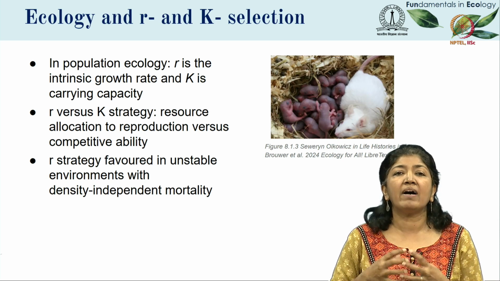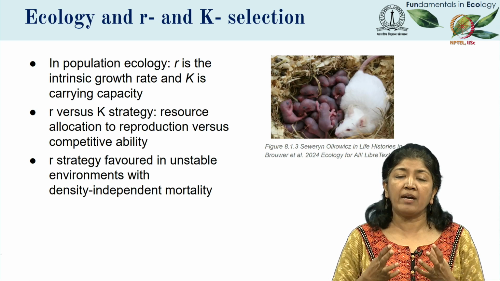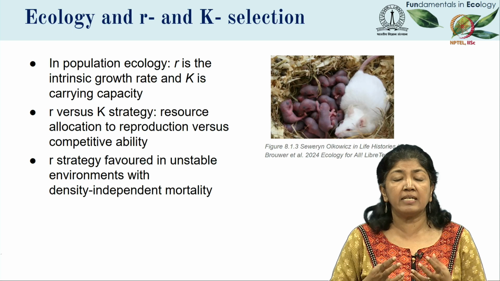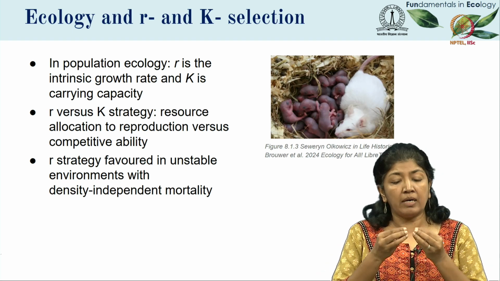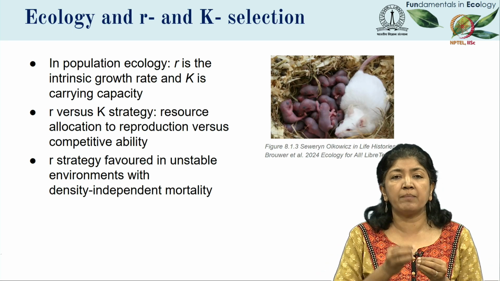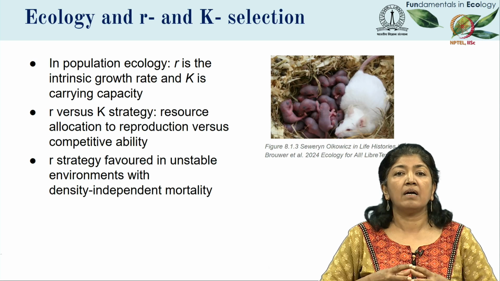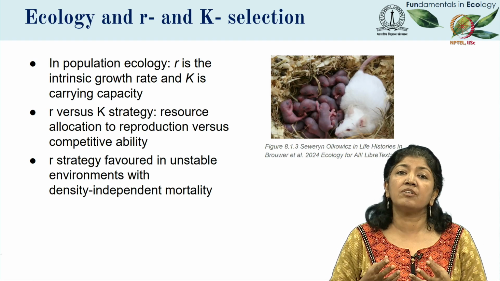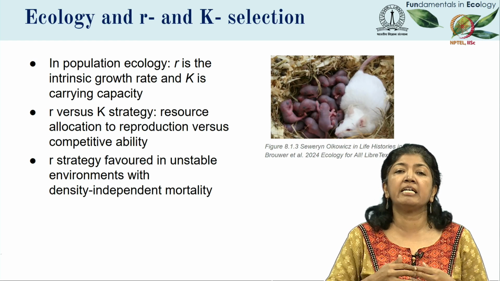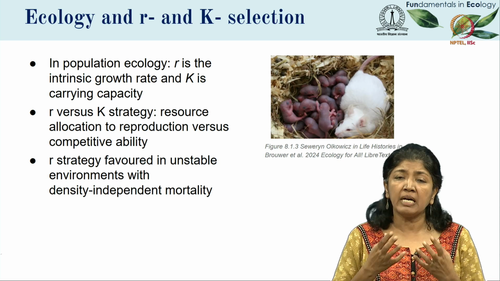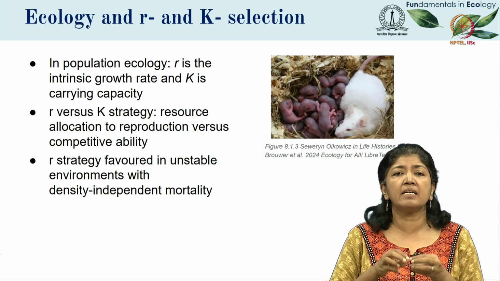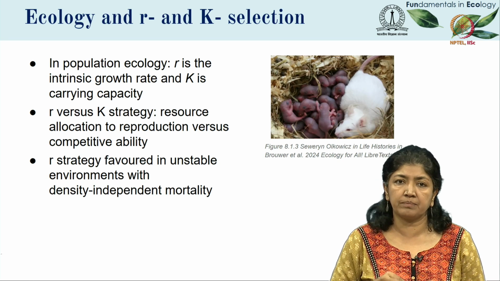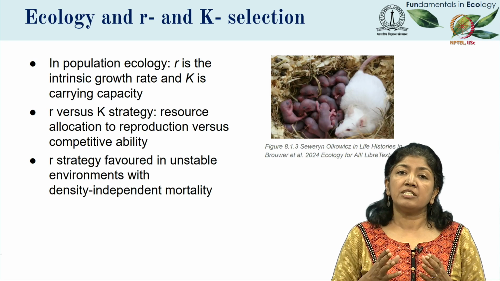In such environments it does not pay for individuals to invest in survival from year to year, because catastrophic events may increase mortality, and therefore animals should invest in early reproduction.